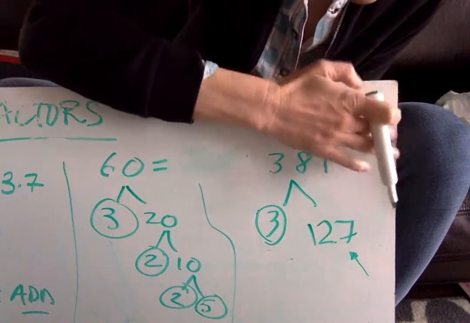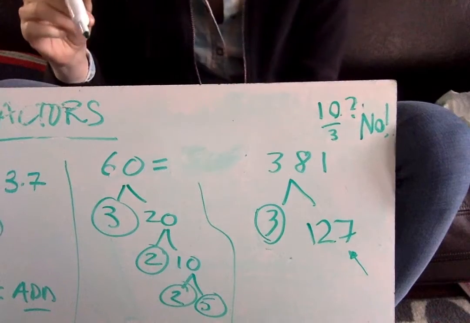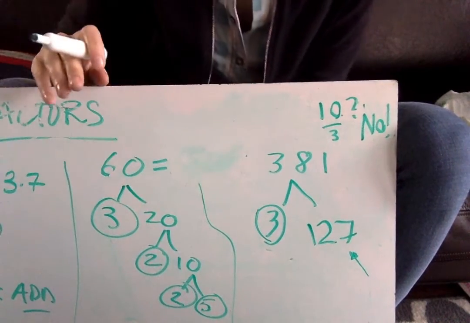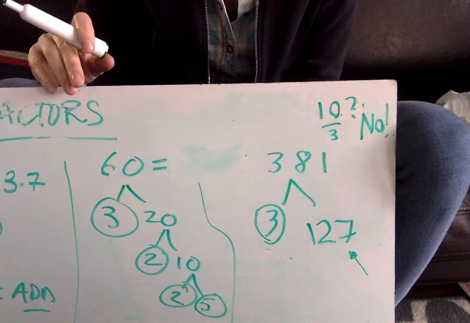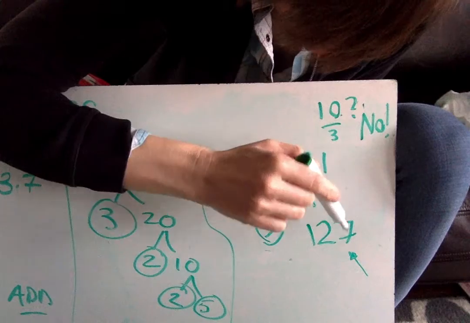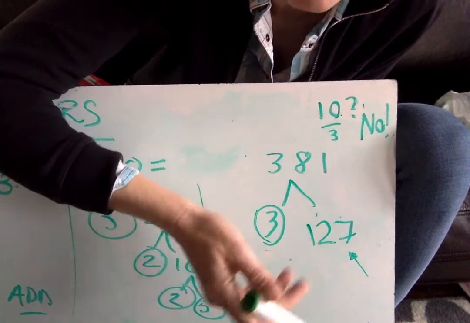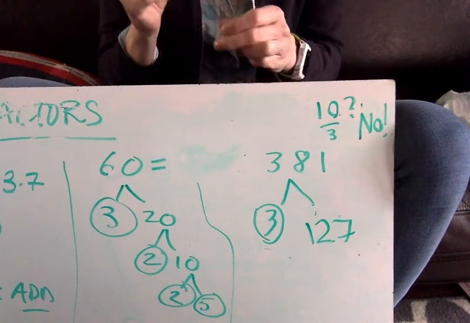And the answer, for this one, is no. So we can't divide it by 3. We can't divide it by 5. We can't divide it by 7. I actually know this because if 127 divides by 7, 12 would have to, and 12 divided by 7 doesn't work.